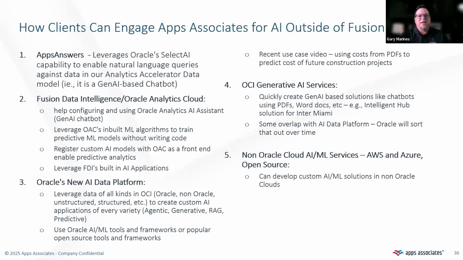We have FDI and OAC agents that we're using and can use. We have Oracle's new AI data platform, so we can leverage all kinds of data in OCI. So we've mentioned OCI a couple of times here, but Oracle data or non-Oracle, unstructured, structured, a lot of things you can do there: RAG agents, OCI generative AI services, and non-Oracle cloud AI and ML services with AWS, Azure, and open source, of course.